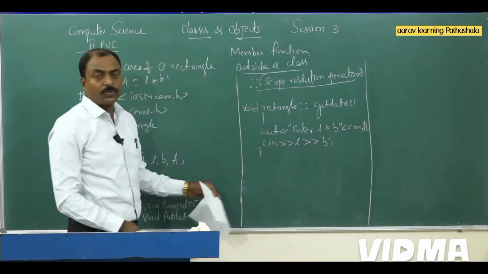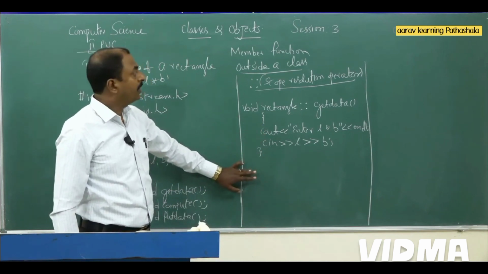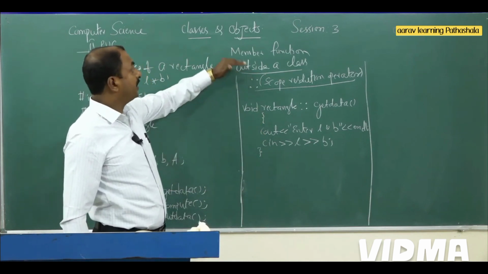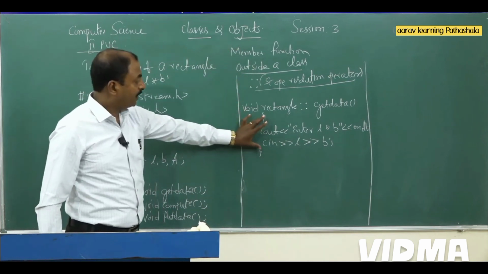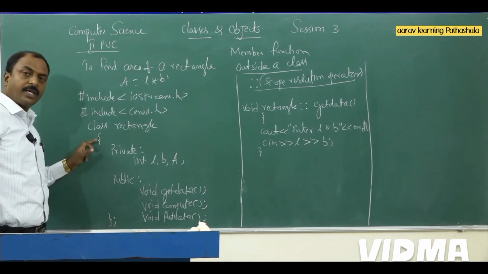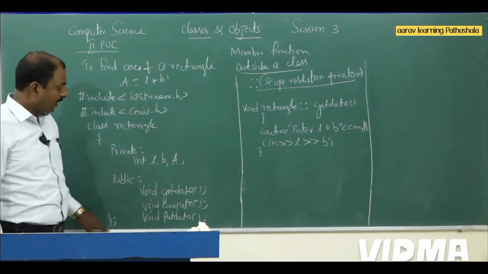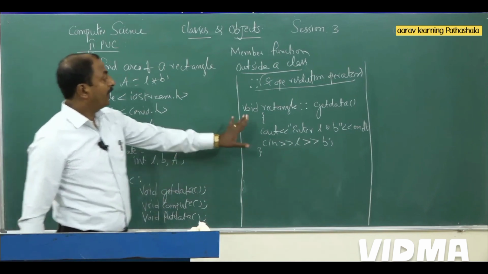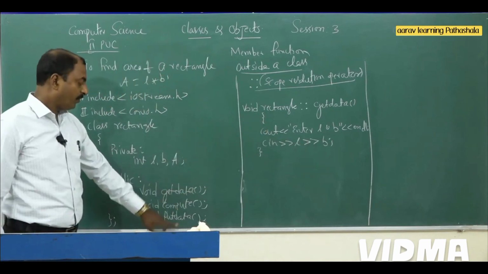And if you notice here, the only difference between an outside member function and an inside member function is that the function definition will be outside the class. See, we opened the class here, and this class rectangle is closed at this stage. After this, we are writing the function definition for the respective functions.